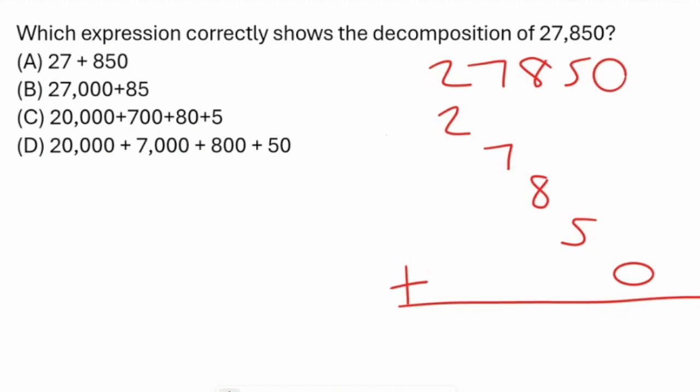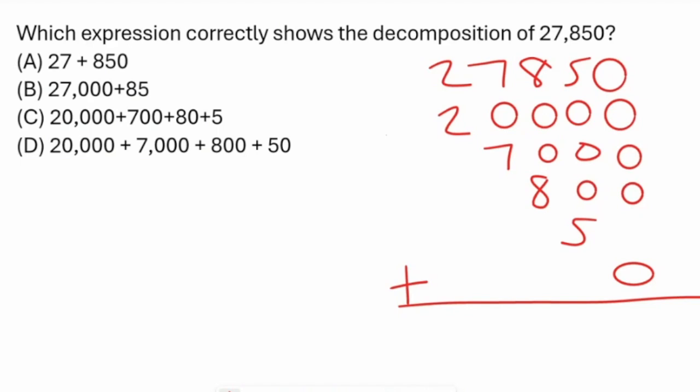We're just going to plug in zeros to the right of these numbers until we get the same number of digits as in the number, which is 5. So for the first one, we're going to plug in zeros there. So we have 20,000. Next to the 7, we're going to plug in 3 zeros. So we have 7,000. Next to the 8, 2 zeros. So we have 800.